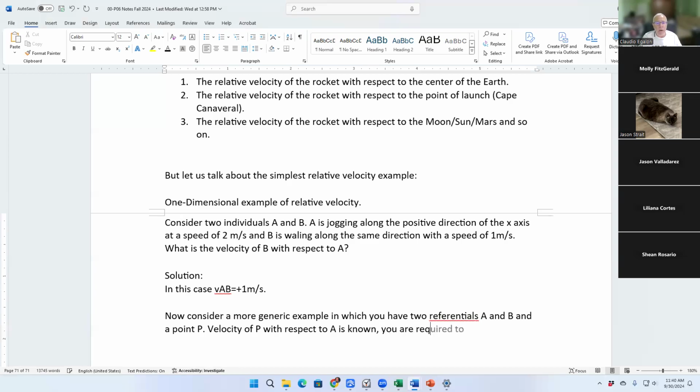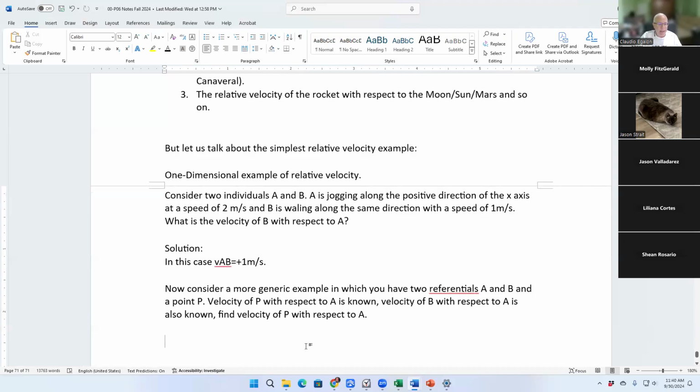You are required, let's see, velocity of P with respect to A is none. Velocity of B with respect to A is also none, find velocity of P with respect to B.